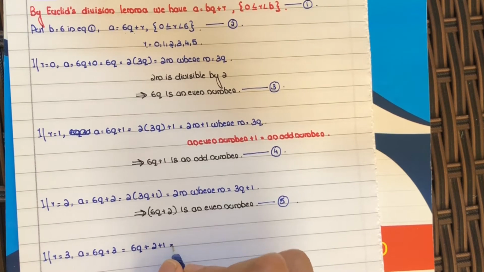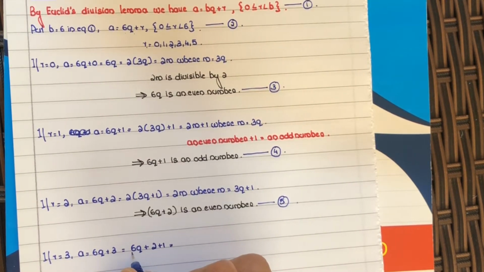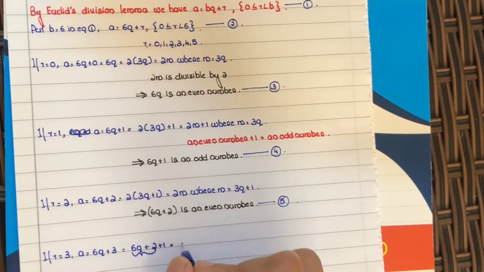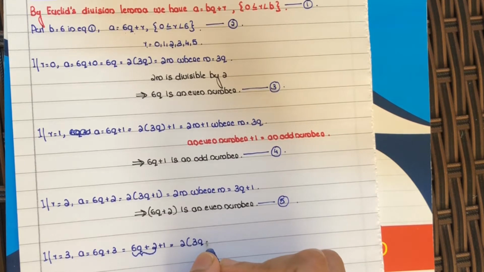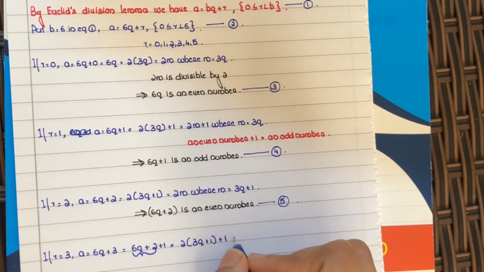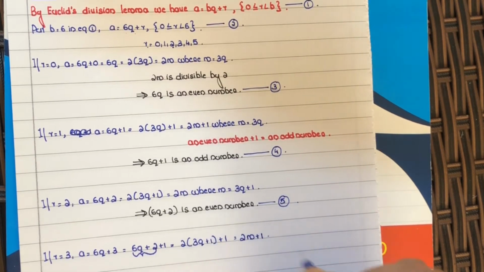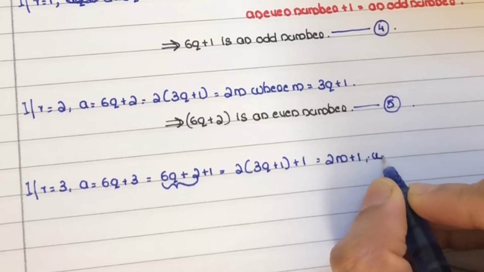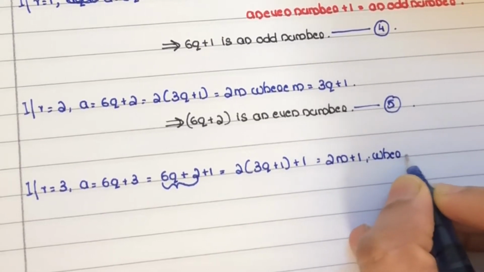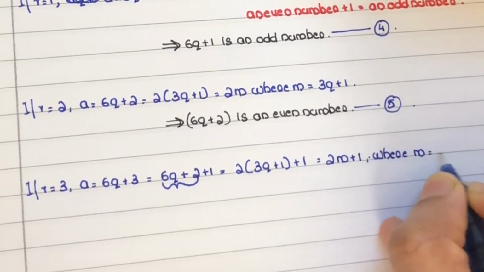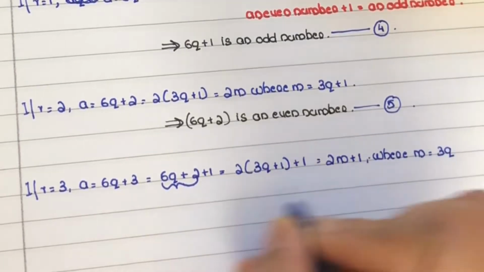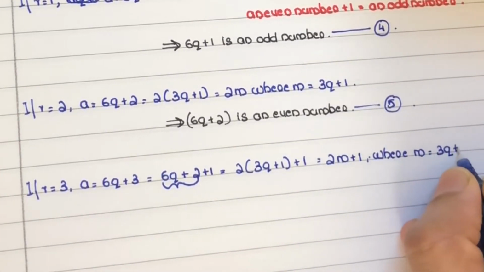Here 2 is common, so take 2 outside: 2 into 3q plus 1, plus 1, that is equal to 2m plus 1, where m equal to 3q plus 1.